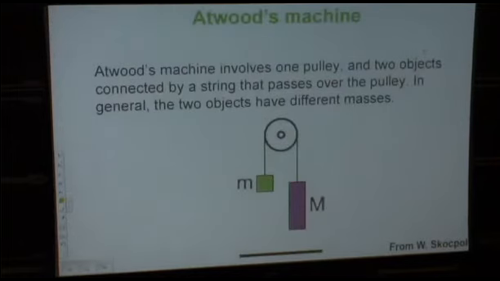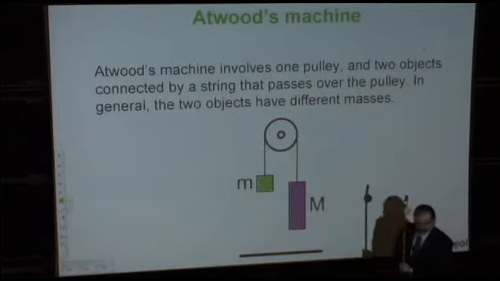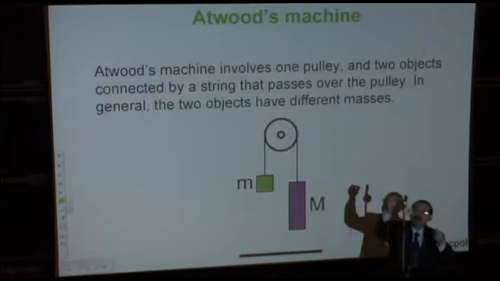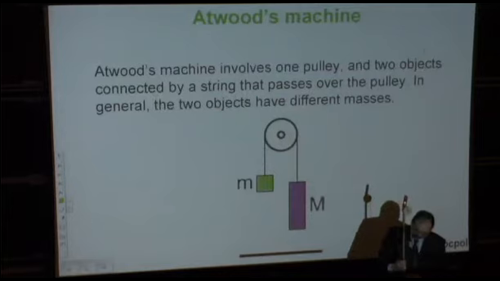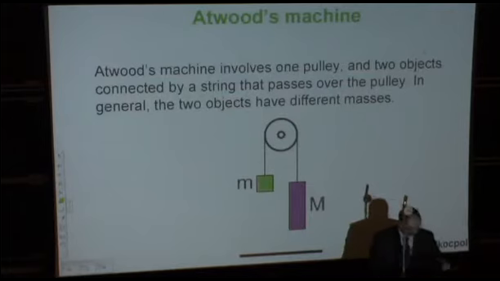Where else can we solve? Oh, Atwood's machine. This is another example of a situation when objects make a coupled motion. Atwood's machine, one of the first devices which was used hundreds of years ago to measure accurately g, the acceleration due to gravity.